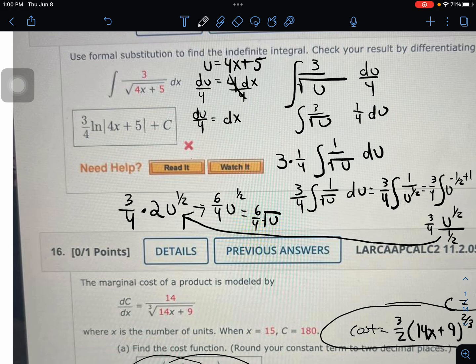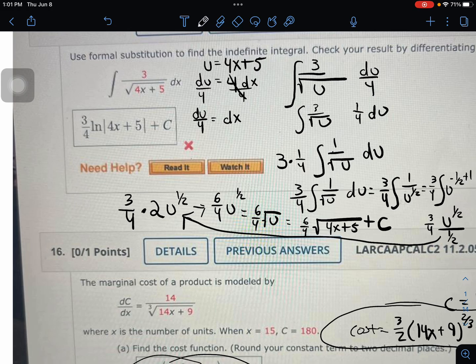So it's the square root of u, and that's going to be equal to 6/4 square root. Well, we know what the u is equal to, 4x plus 5, because that's what we defined it as at the beginning. So I'm going to replace this u with the 4x plus 5. So it's going to be 4x plus 5 plus, remember when we're doing the indefinite integral, it's always going to be a c on the end. That c can be any number. So you just put plus c.